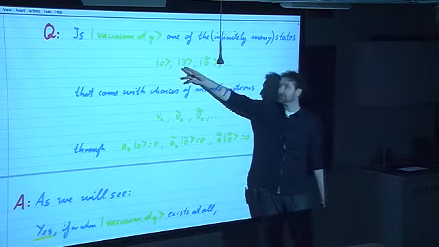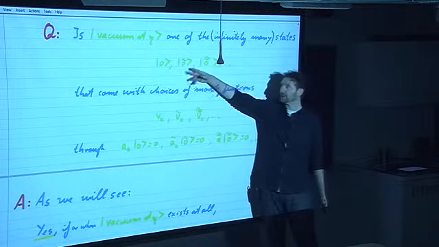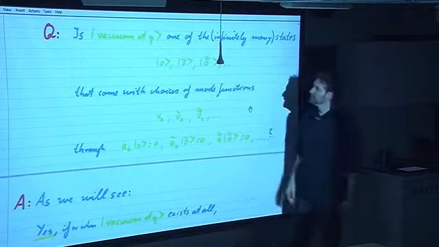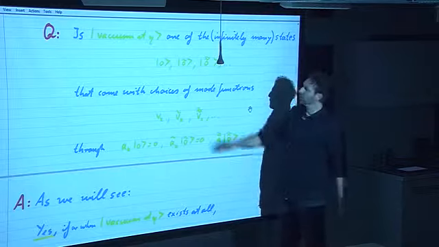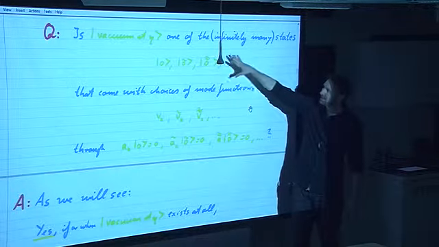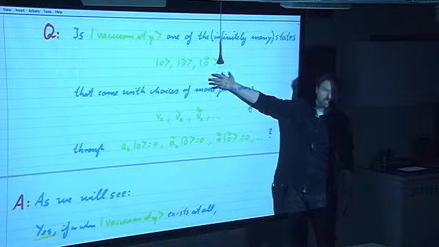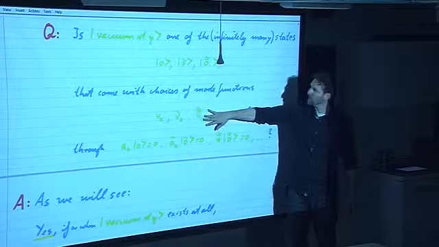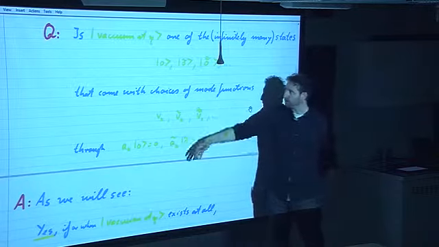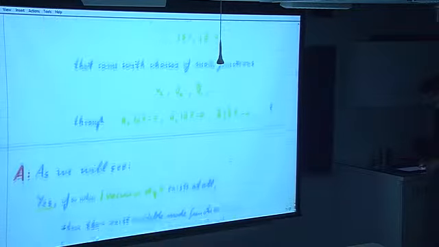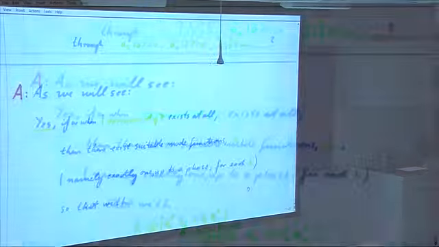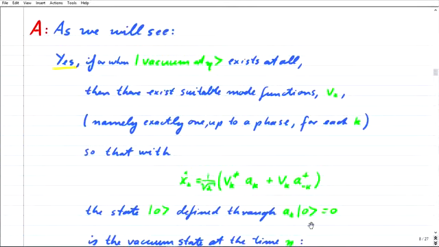Another set of mode functions leads to A operators that annihilate another vector, etc. We are hoping that the vacuum state at time eta will be one of those vectors, so that we can choose our mode function such that the corresponding A operator annihilates the vector that we identified as the vacuum state. As we will see, we can do this if the vacuum state actually exists, and the vacuum state will be unique up to a constant phase, a prefactor.